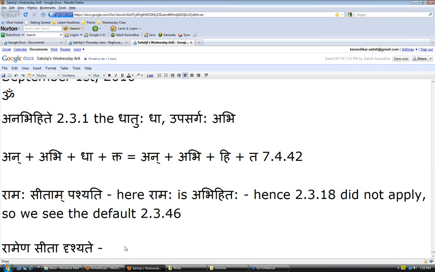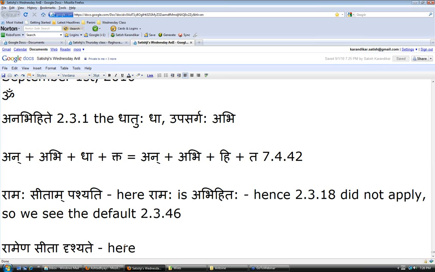Why is she abhita? Because in the passive form, when you say drishyate, the one who is being seen is going to be a third person singular. It could not have been Ramena Vanaraha Drishyante, because then it would be drishyante. So drishyate is telling you that the person being seen is a third person and a singular form.